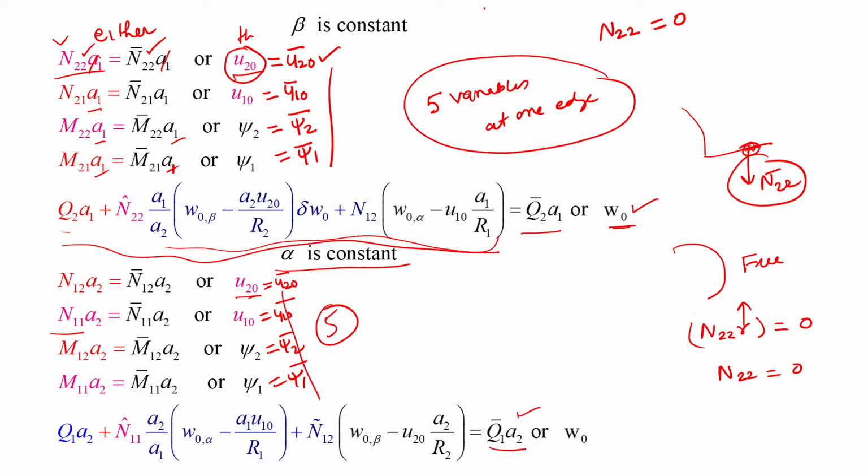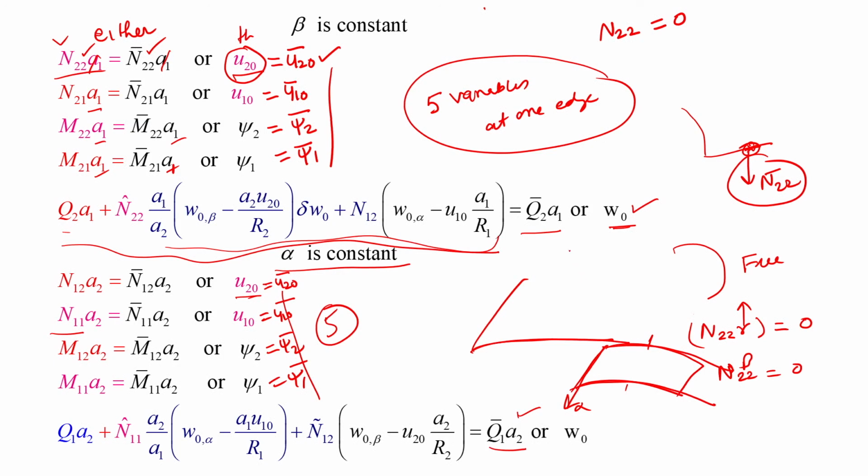These cases are applicable when your geometry and coordinate axes are matching. For example, you have taken boundaries like this and your variables are also like this, alpha and beta, so that normal and tangents are along the same coordinate axis.